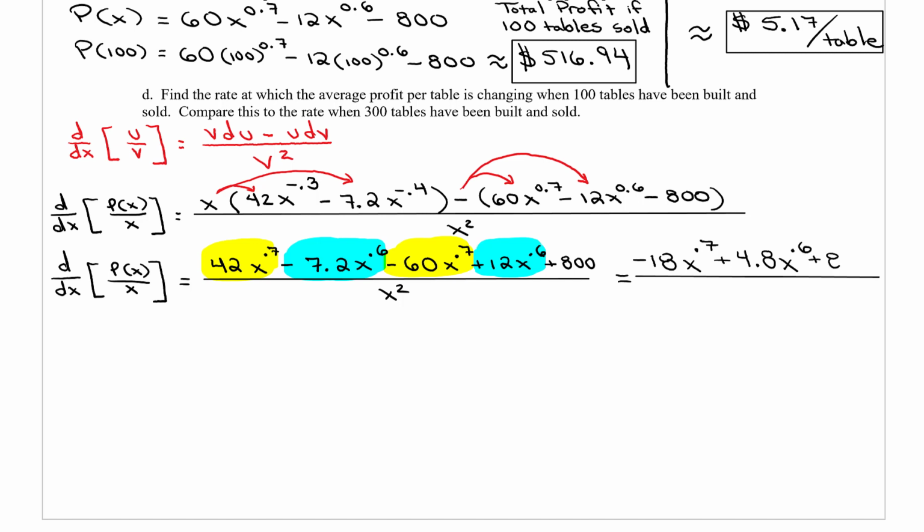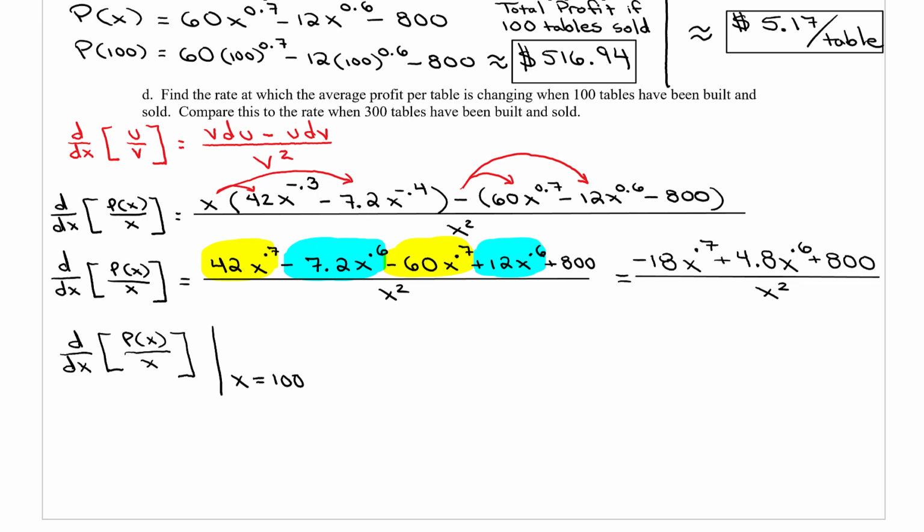So now we are going to find the answer to this if we evaluate this at x equal to 100. So we're going to find here the derivative with respect to x of p of x over x, and we're going to evaluate this at 100. So this would be the notation that what this would look like basically if we were to put this into the graphing calculator and find the numerical derivative.